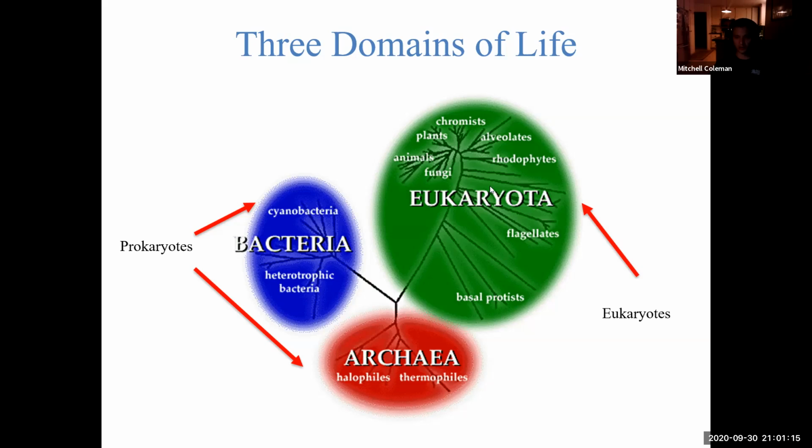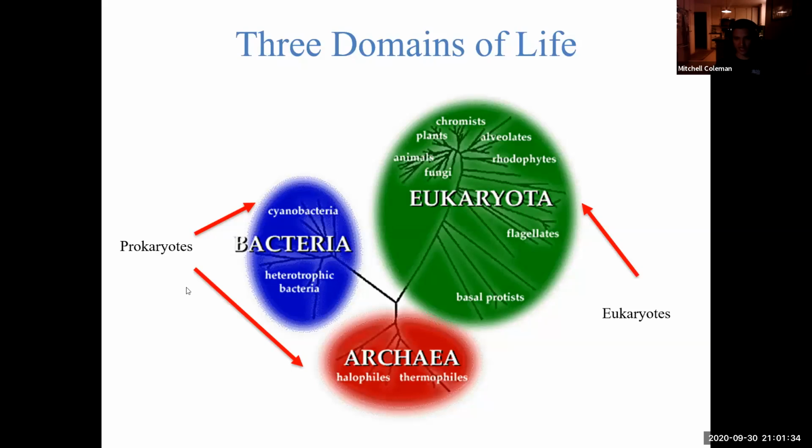The eukaryota domain, these are all eukaryotic organisms in terms of their cell structure, versus the domain bacteria and the domain archaea. These are all single cellular prokaryotic organisms.